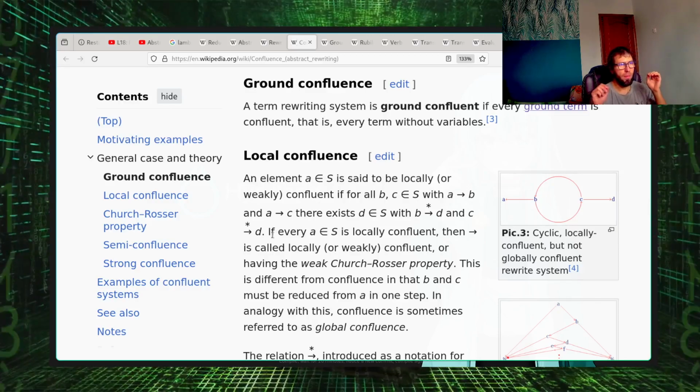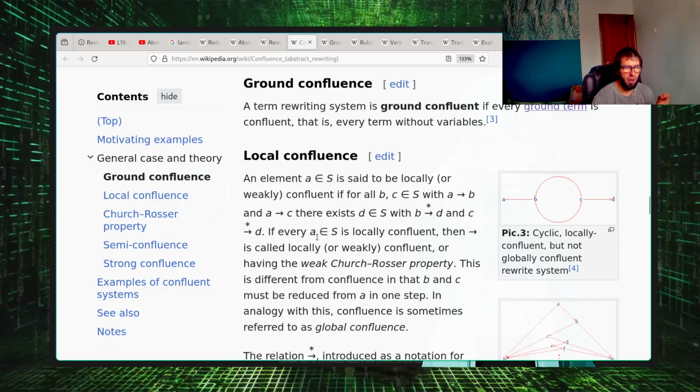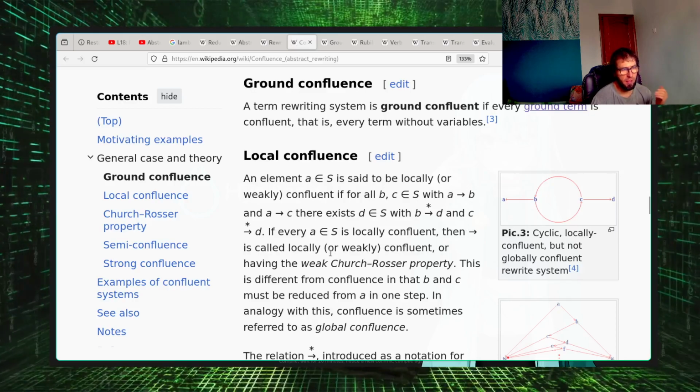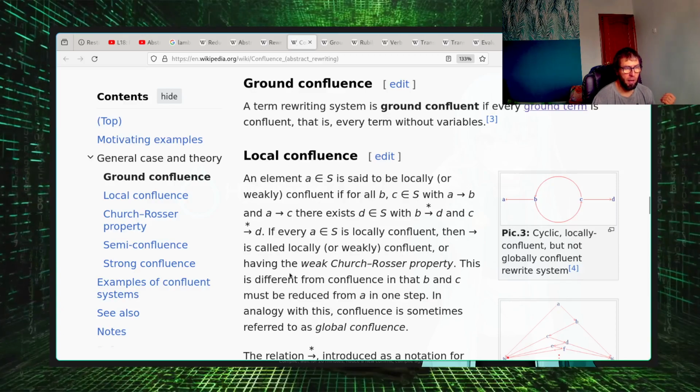And if every A is locally confluent, then we say the arrow itself is locally or weakly confluent, or having the weak Church-Rosser property.